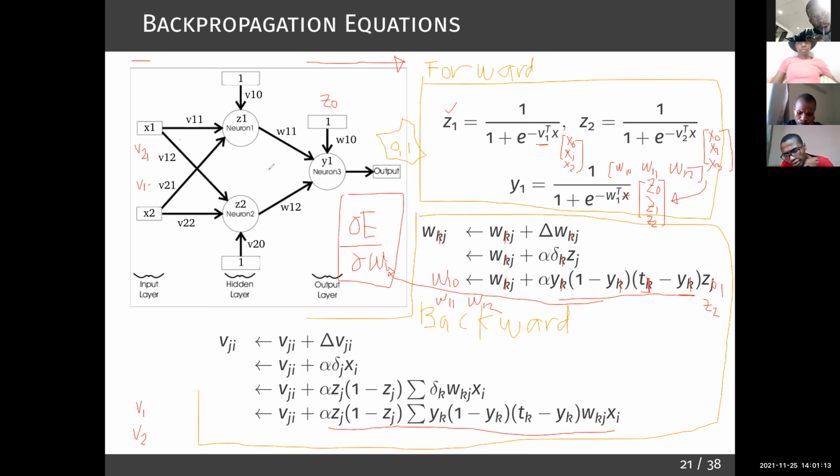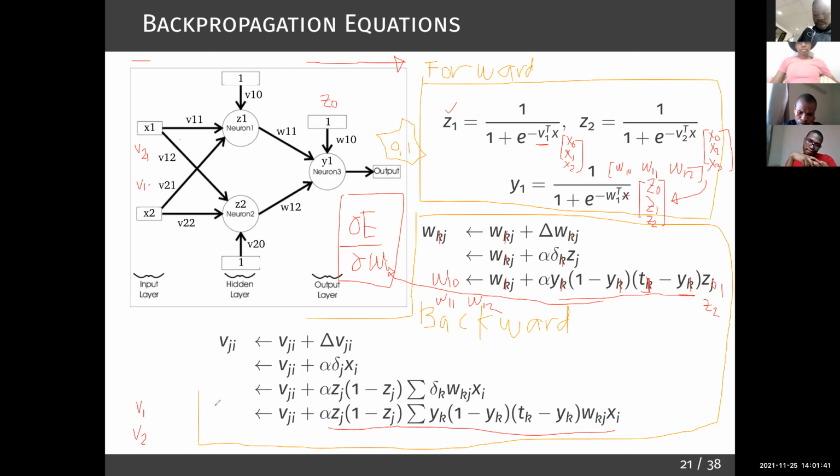And then from this, we correct based on the error between the output and the target and the weights that we have computed previously. Then what this means is that the output of the Z1 is also corrected, and then we update the V's.